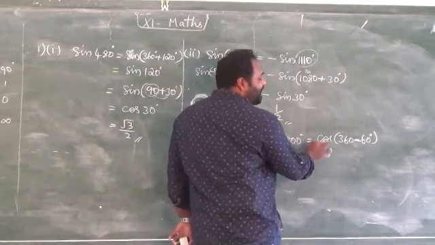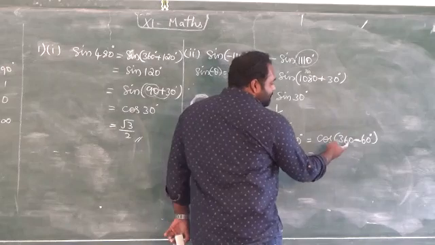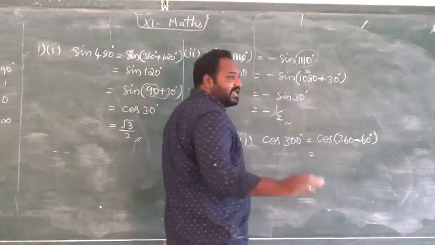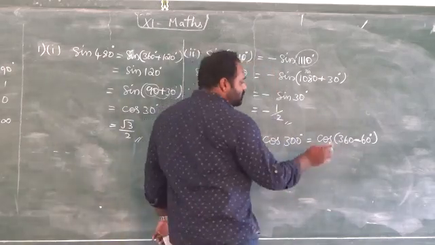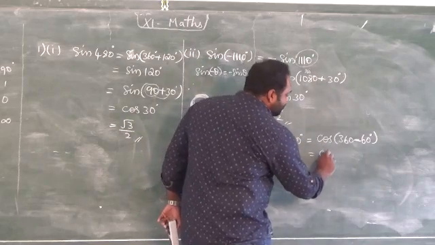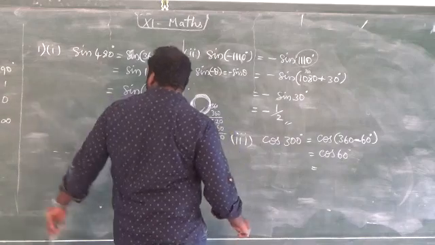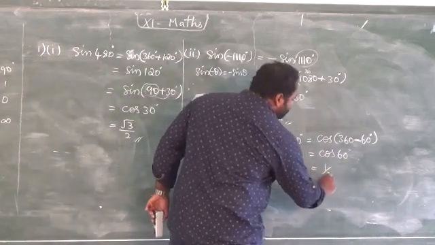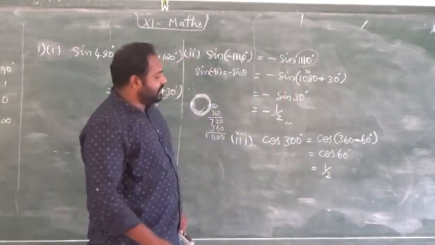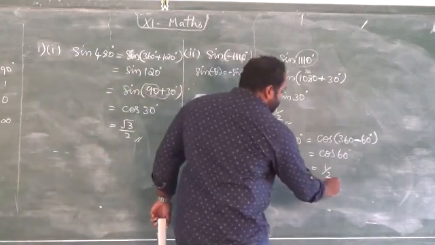Cos is positive in the fourth quadrant. Because of 360, there is no change in the ratio, no co-ratio. So it is cos 60, whose value is 1 by 2. So the cos 300 degree value is 1 by 2.